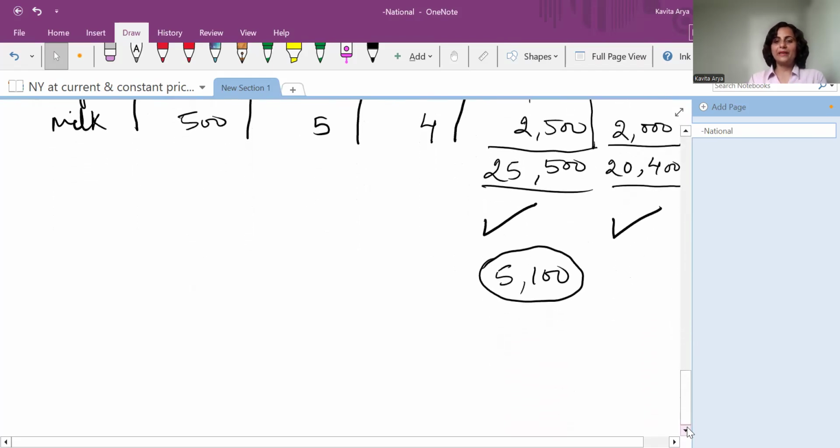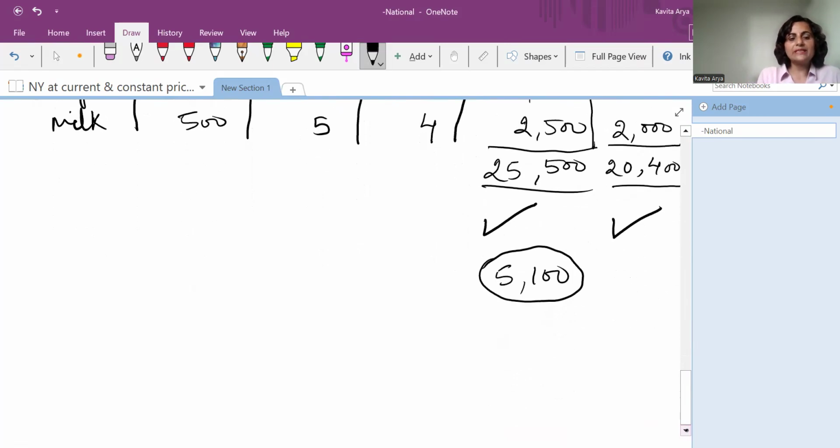Now we have the formula of how we convert nominal GDP into real and real GDP into nominal. Nominal and real, now these two words are clear to you. National income is NNP at FC and GDP is GDP at MP, so it's just a matter of different expression of the income.